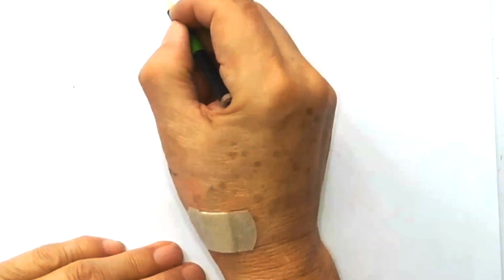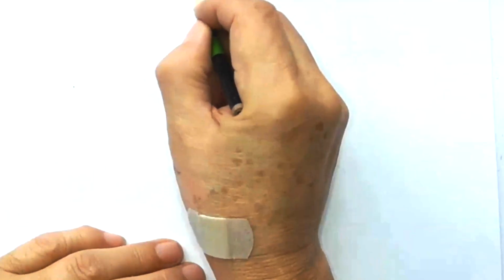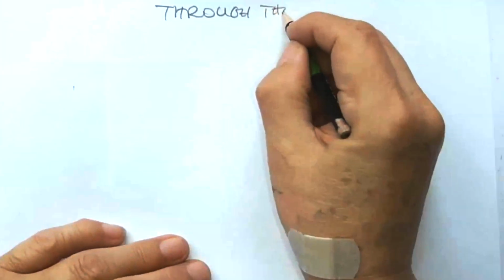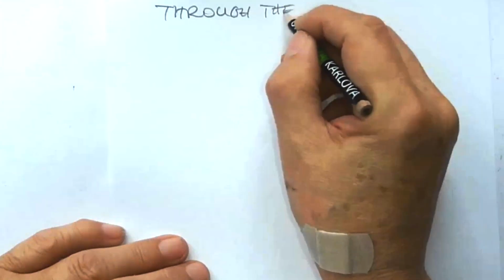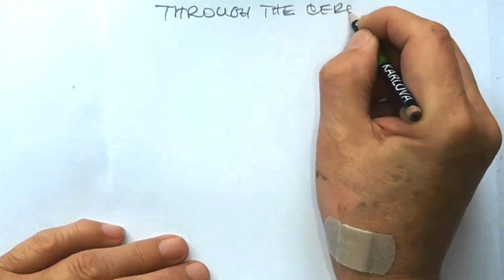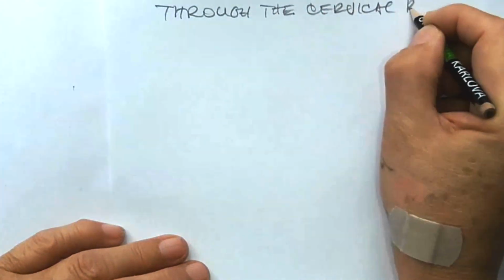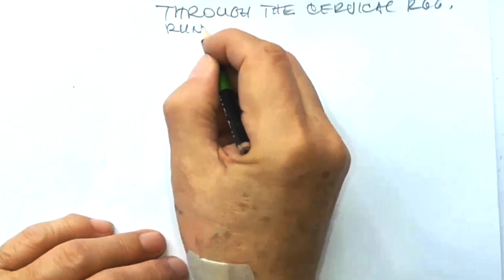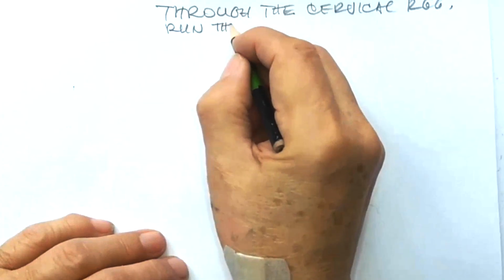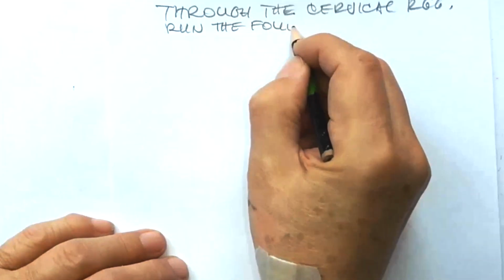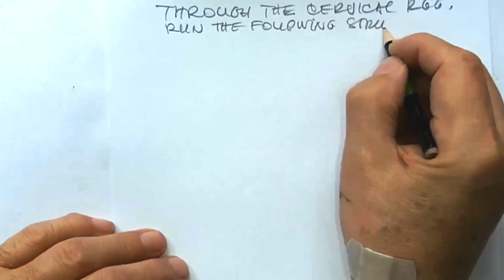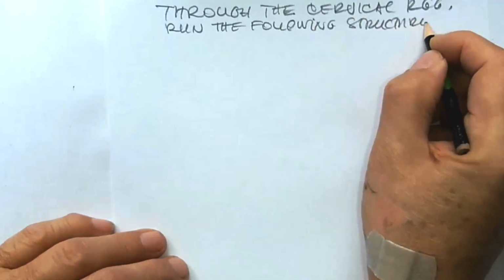Also, we have to know that through the cervical regions run or descend the following structures, organs, etc. Which ones?